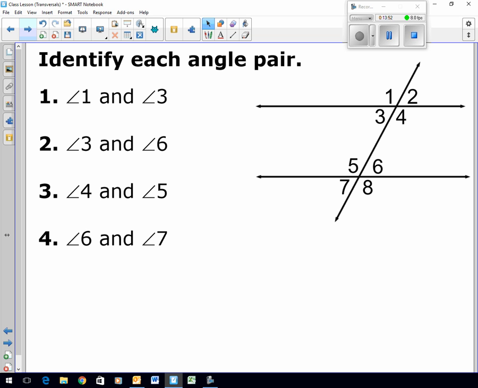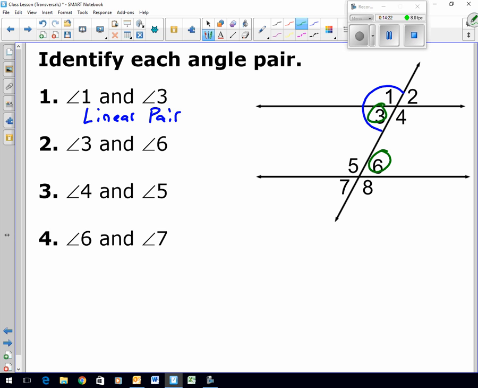You get messed up with the whole alternate interior, alternate exterior, same side interior, and you forget about this. Hey Cameron, what do they form right there? A what? They form a 180, which is a what? Linear pair, right? It forms a line. Yeah. Okay, Cameron. Sir. I'll pick on you again.